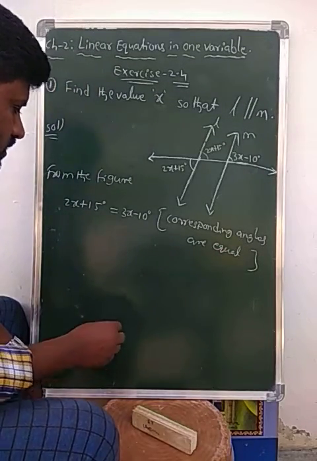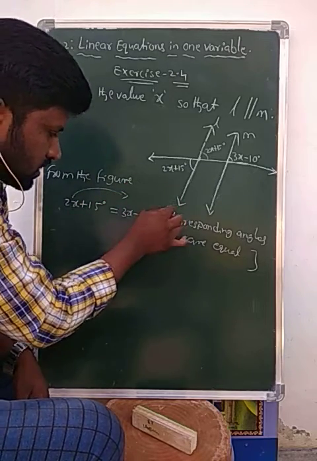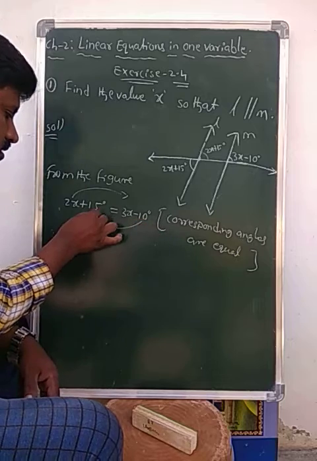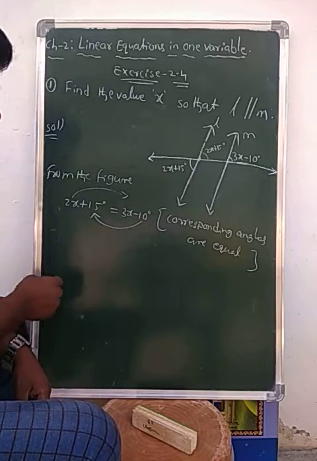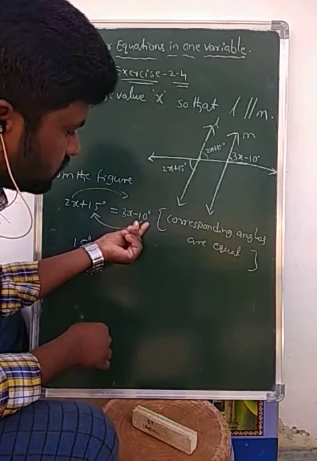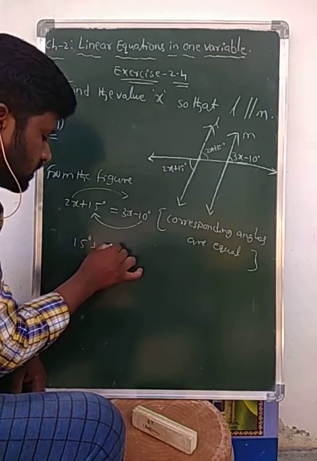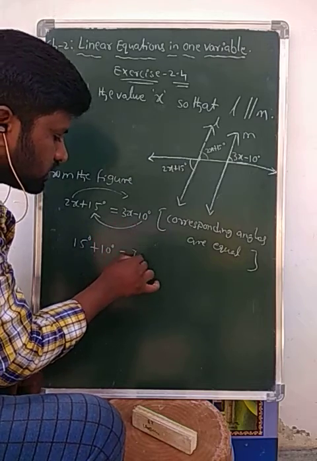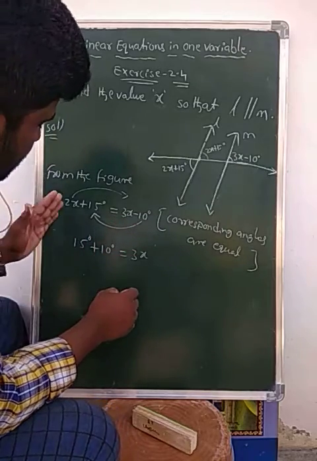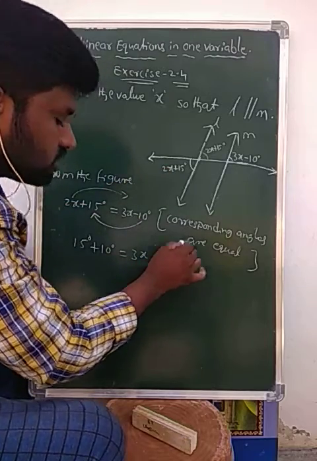Now what I am doing here: transposing 2x from LHS to RHS and minus 10 from RHS to LHS. Already 15 degrees is there, plus minus 10 degrees transposing to the LHS side becomes plus 10 degrees. On this side 3x is already there, and 2x transposing from LHS to RHS becomes minus 2x.